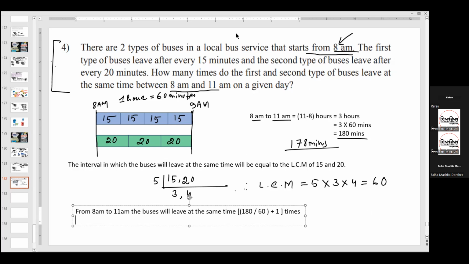If we just think of that, now it is 3 plus 1, so it is 4 times.